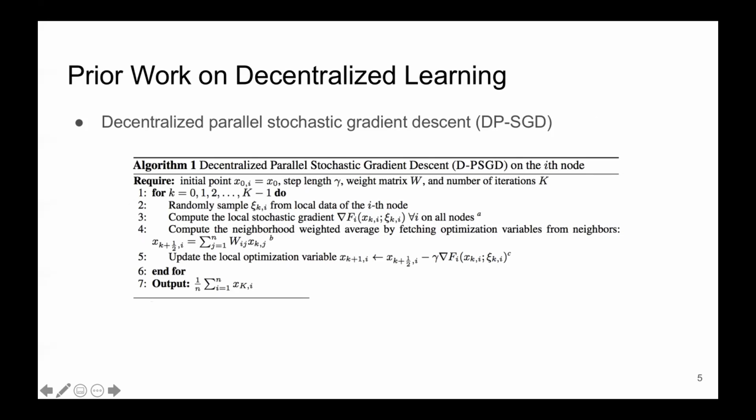Each node maintains a local model x_i^k here, and at each iteration, each node computes a stochastic gradient, and when the synchronization barrier is met, each node will exchange local models with its neighbors and average the local models it received with its own local variable, and then each node will update its model using the average and the local stochastic gradient.